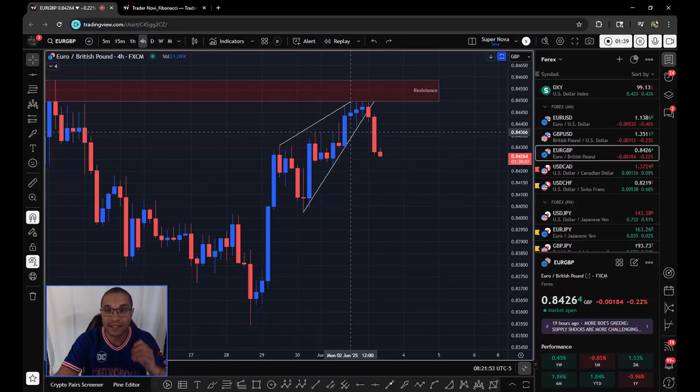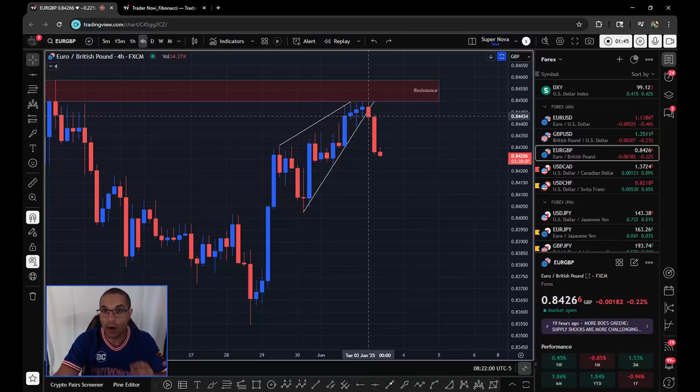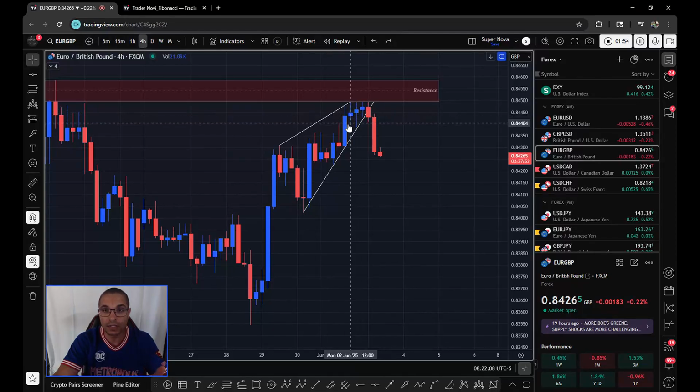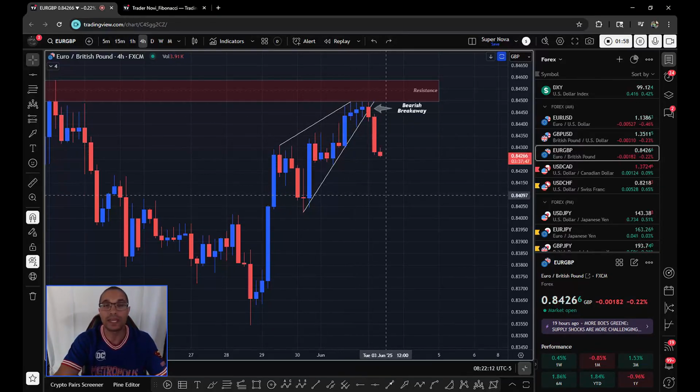Now, we can see that at midnight on the 4-hour candle here, we get a bearish breakout. And before that, if we take into account the previous candles, we actually do get a bearish breakaway candlestick pattern.